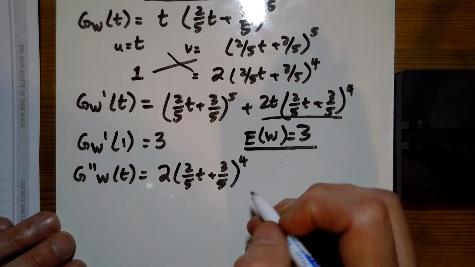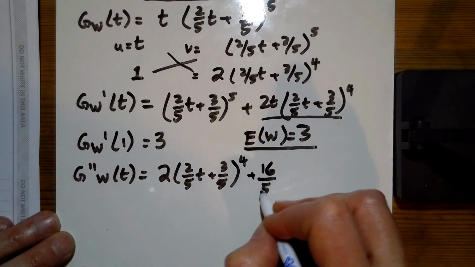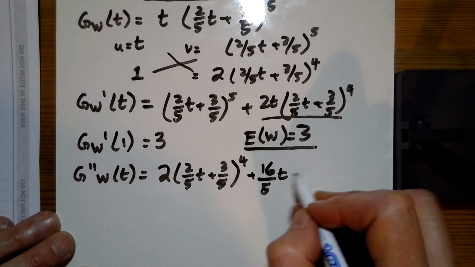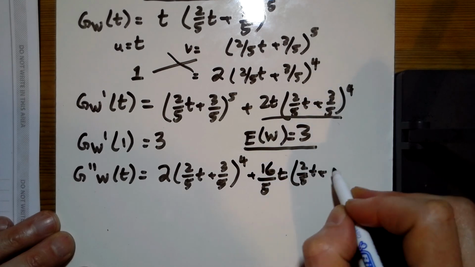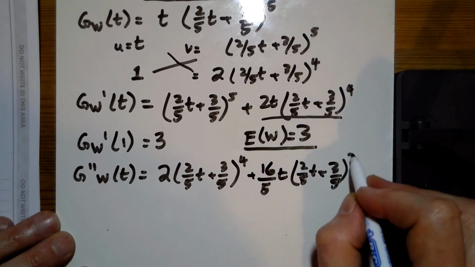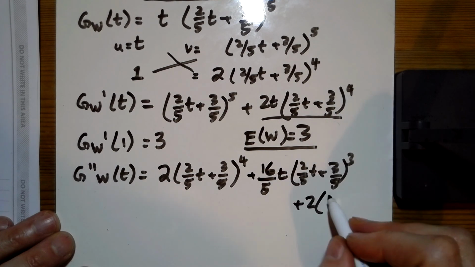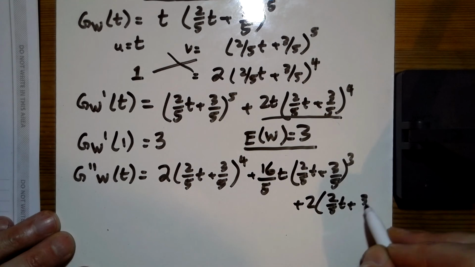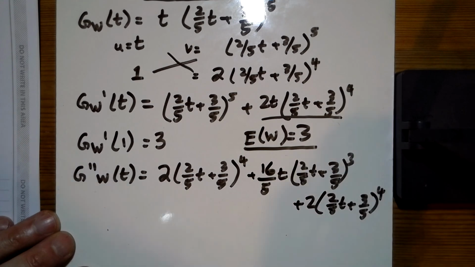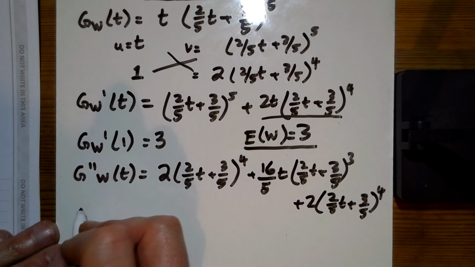So trusting that you can differentiate, this is going to give 16 over 5 t times by 2/5 t plus 3/5 all cubed, and we've still got the extra 2 lots of 2/5 t plus 3/5 all to the power of 4.